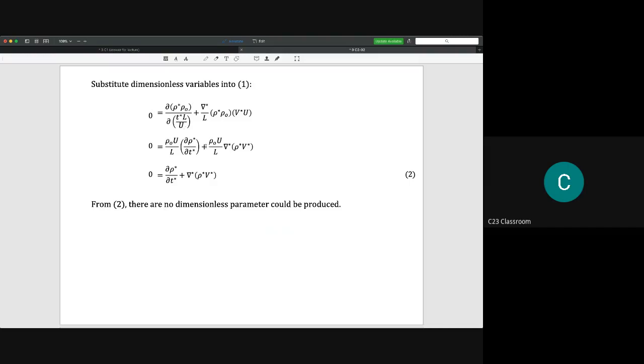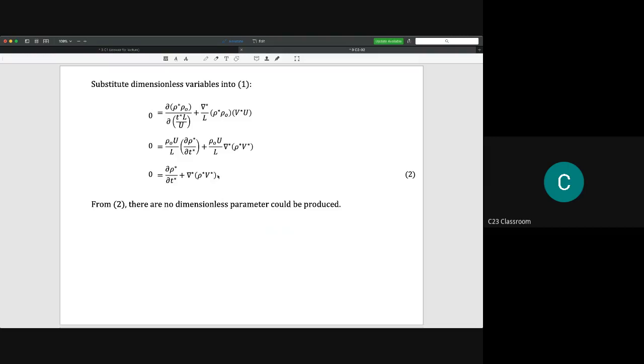And then, we could cancel the term rho naught U over L, we could factor it out, and set it equal to 0. The equation left is like this.